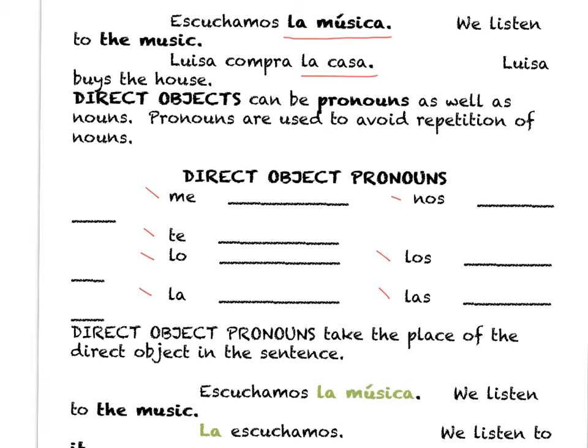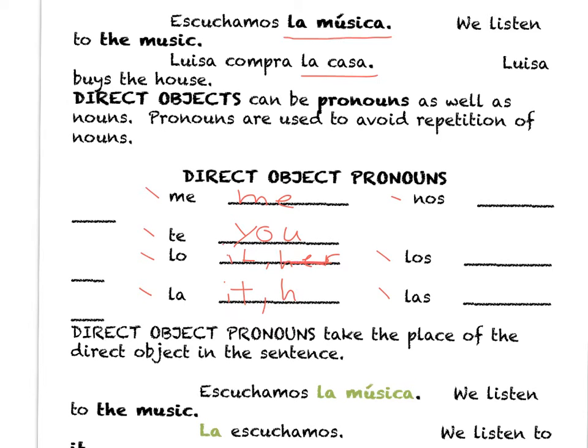As you can see, we have a singular side and a plural side. In English, these would be me, you, it, her. La would be it. Whoops, I gotta correct myself.